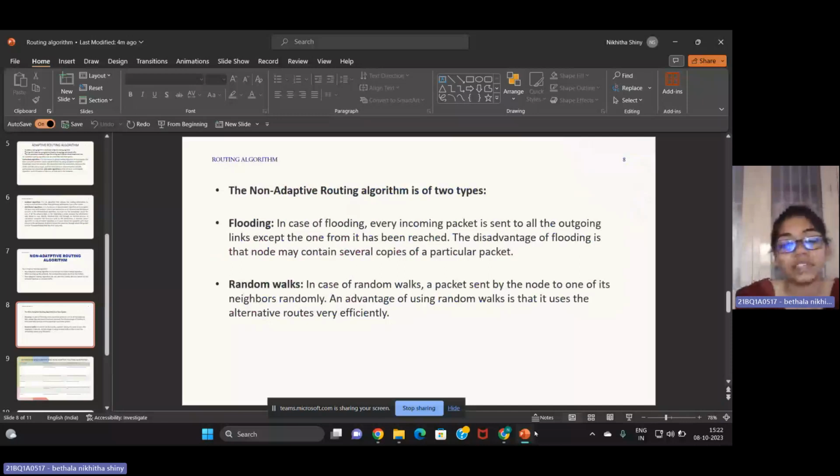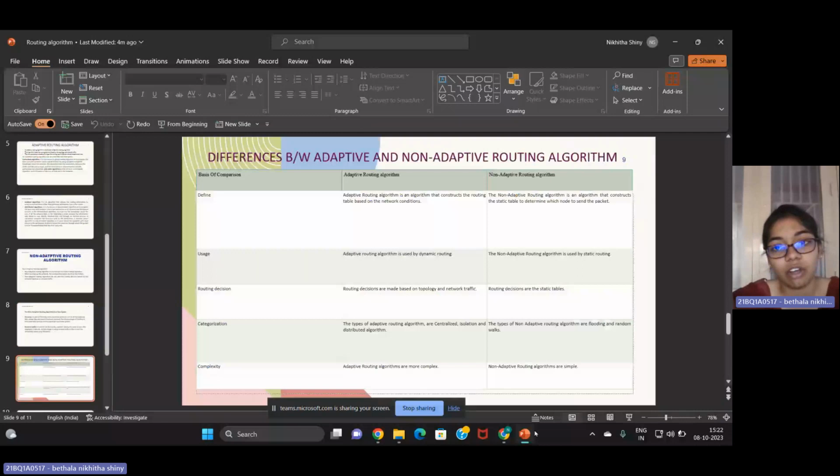Let us see the differences between the adaptive and non-adaptive routing algorithms. When it comes to the definition, an adaptive routing algorithm is an algorithm that constructs the routing table based on network conditions. A non-adaptive routing algorithm constructs a static table to determine which node to send the packet to. The adaptive routing algorithm is used as dynamic routing, and the non-adaptive routing algorithm is a static routing algorithm.